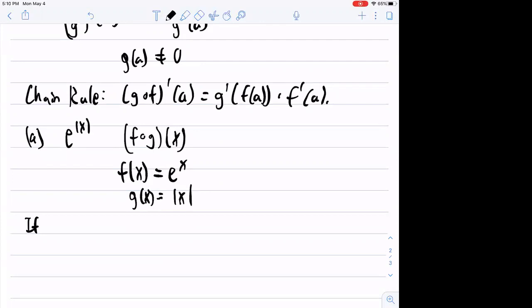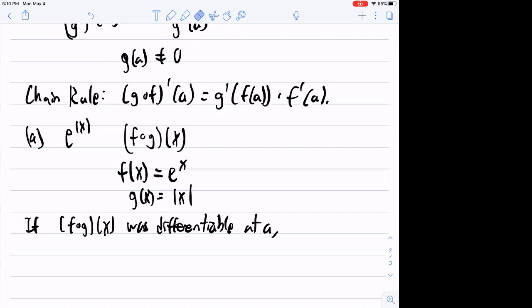let me put it this way. If f composed g of x was differentiable at a, then what does the chain rule give? Oh, I don't like this.